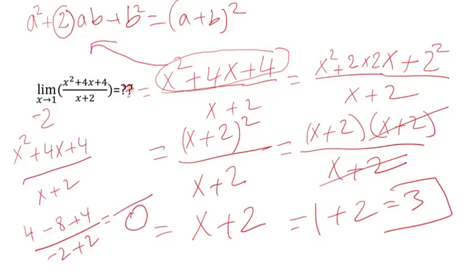So that's a problem. 4 plus 4 is 8, minus 8 is 0. So in this case, if x was approaching -2, I cannot just plug in the number. Definitely, I would have to simplify and take advantage of this identity.